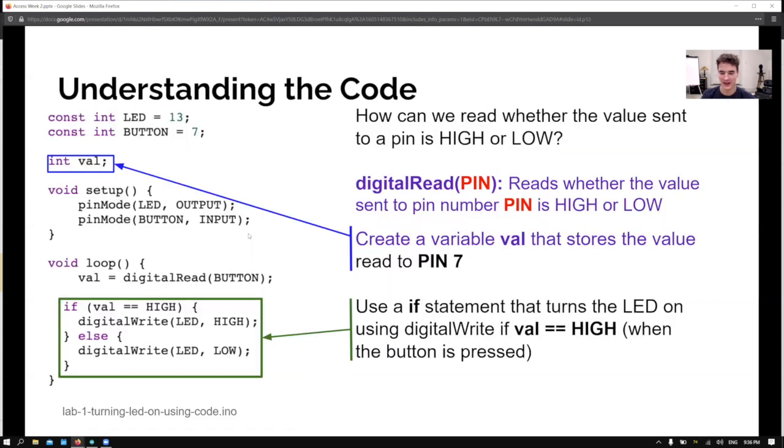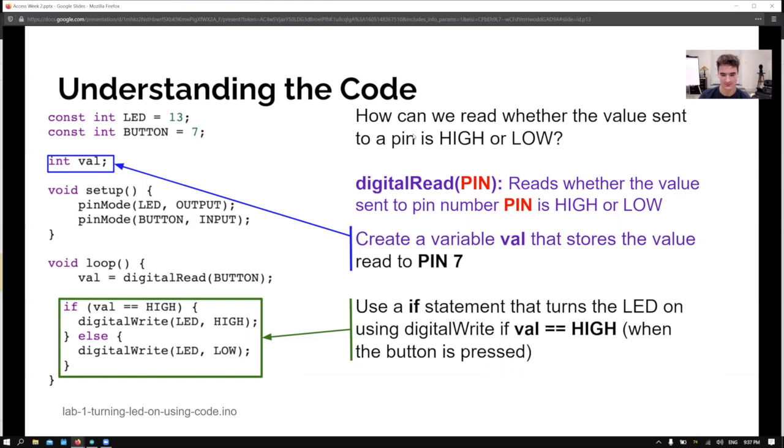Okay, so now we're going to look at the code. And this probably looks really intimidating, but we can figure it out. First, we'll question how we can read whether the value sent to a pin is high or low, because remember that high message was sent to that pin in the last diagram.